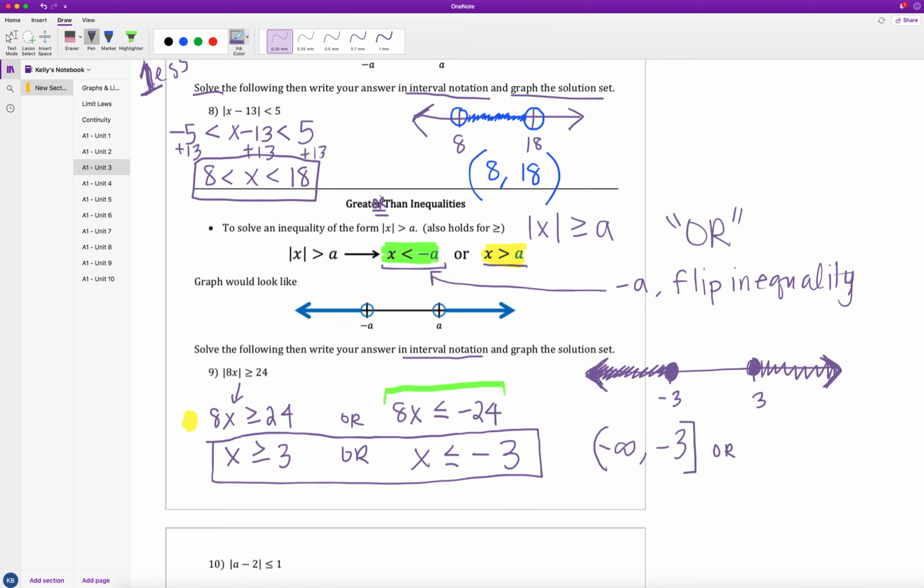Then for our second part of our interval notation, we're going from 3 all the way to positive infinity. Again, infinity always gets a parenthesis, and then at 3, because we have a closed circle, we get a bracket. And that will be our interval notation. And this question asked for all 3, so I had to make sure I solved it, drew the graph, and then wrote it in interval notation.